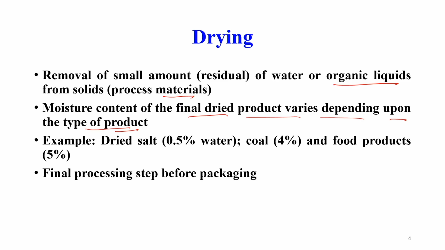For example, dried salt has 0.5% water, coal 4% water, a food product can have 5% water. So, typically it ranges between 0 to 20% or so. In general, drying is the final processing step before packaging of your desired product.